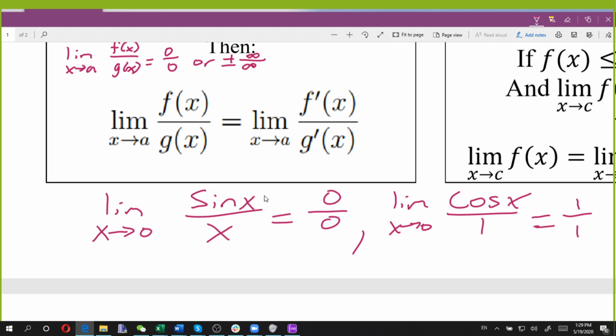Okay, so I could say because we got 0 over 0, L'Hospital's rule applies, which means the limit as x approaches 0 of sine x over x should be equal to 1, since that's the limit as x approaches 0 of the derivative of the numerator divided by the derivative of the denominator.